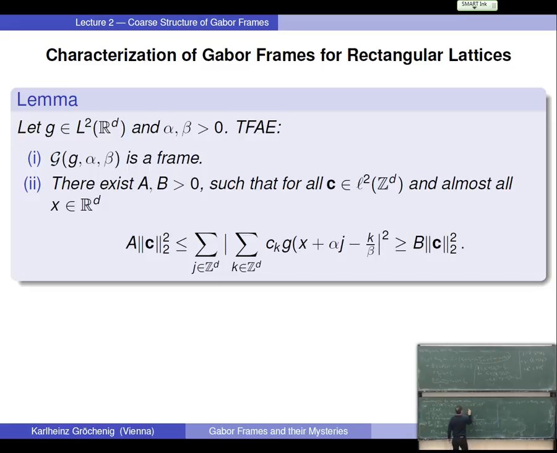In this case, the matrix is alpha, beta, 0, 0, and these are d by d blocks. So this would be A. The inverse is 1 over alpha, 0, 0, 1 over beta. Transpose, nothing changes. And then we have to multiply by these blocks here.